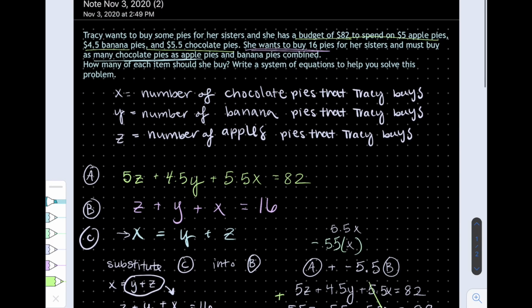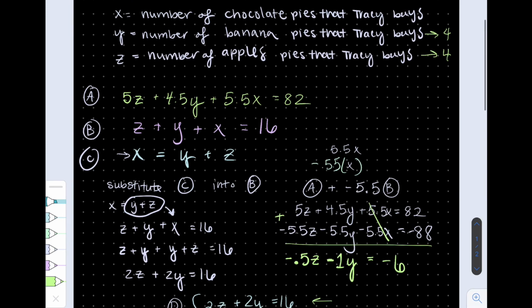Now we know that y is 4 and z is 4. We can use equation C that's already solved for x to find x. You could use A or B, but it's most definitely going to be easier to use equation C because we already know that x equals y plus z, and we know that y is 4 and z is 4.